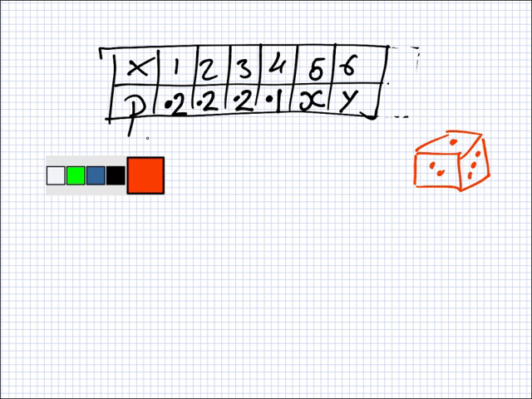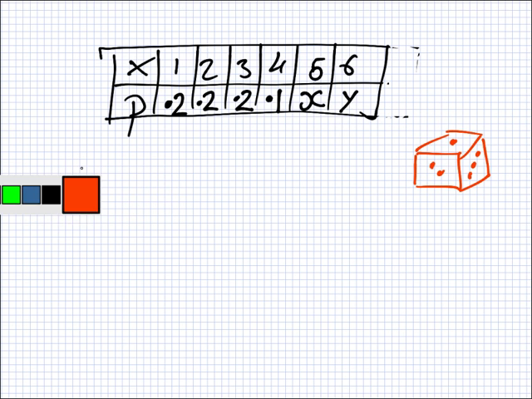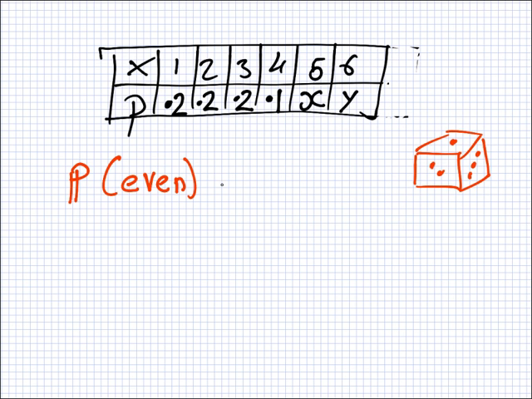And I also tell you for this die, the probability of getting an even number is equal to 0.45. I've actually given you enough information to work out what the X and the Y must be. I'll give you a minute. I think a lot of you should be able to figure this out.